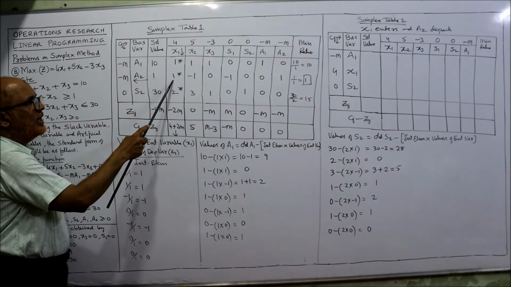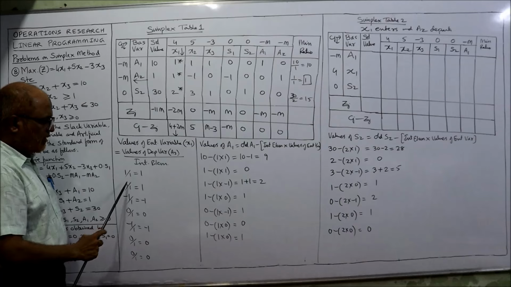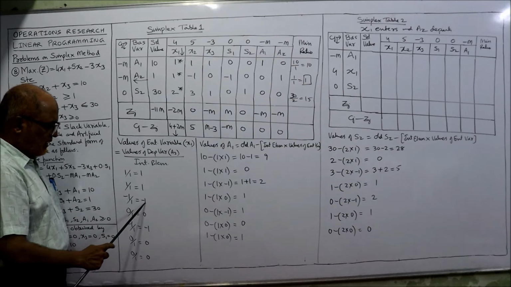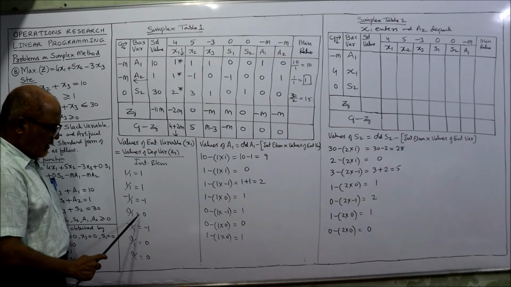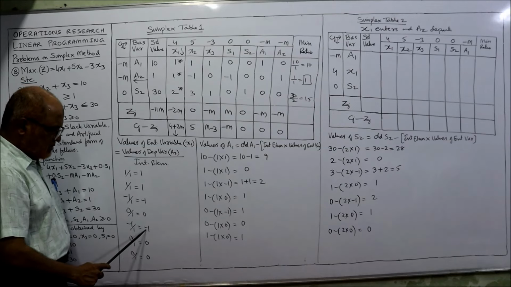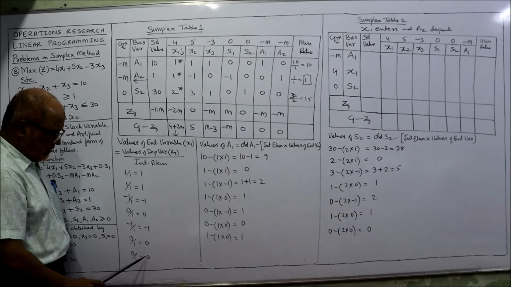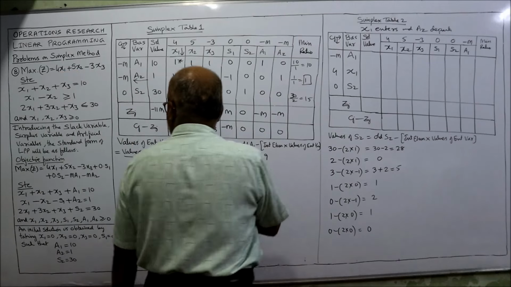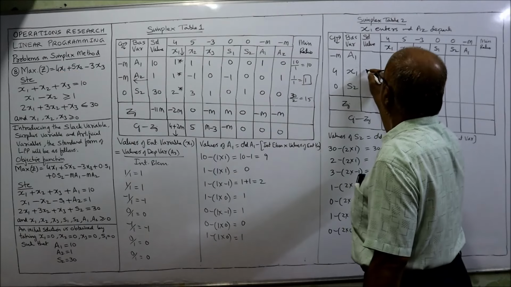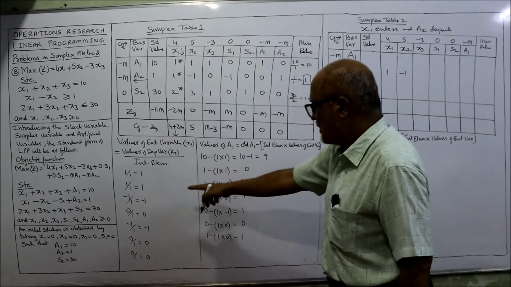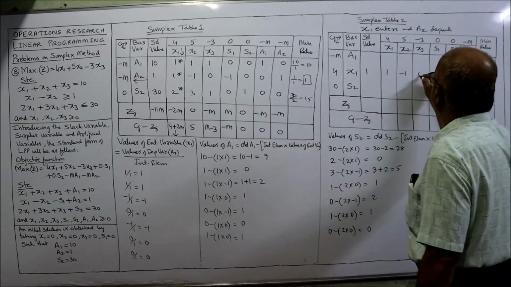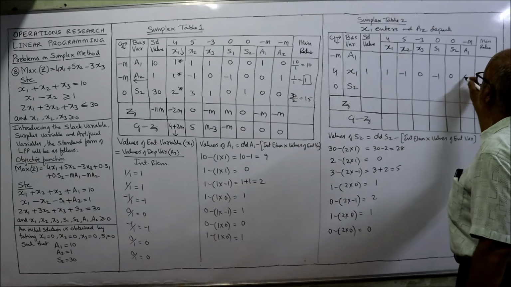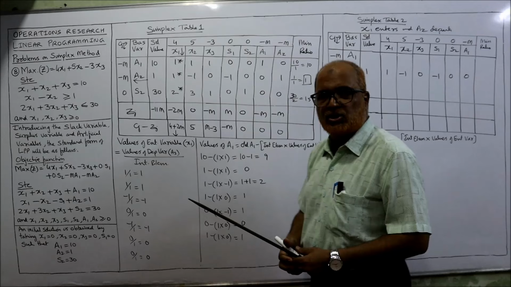Divided by intersectional element 1: 1 by 1 is 1, minus 1 by 1 is minus 1, 0 by 1 is 0, minus 1 by 1 is minus 1, 0 by 1 is 0. So the values of the entering variable x1 are 1, 1, minus 1, 0, minus 1, 0 and 0.